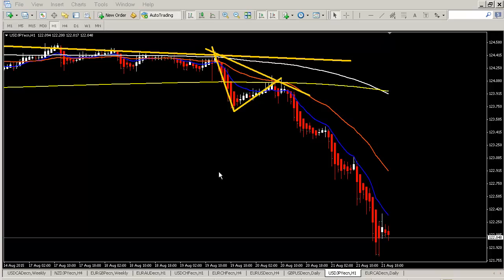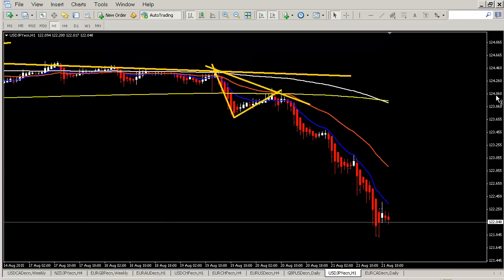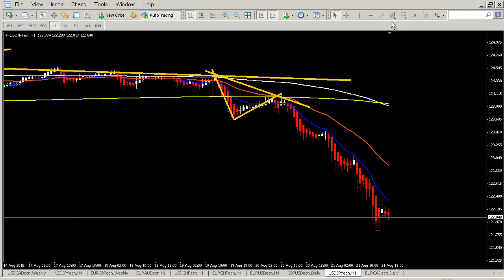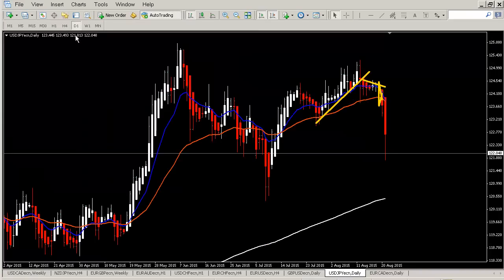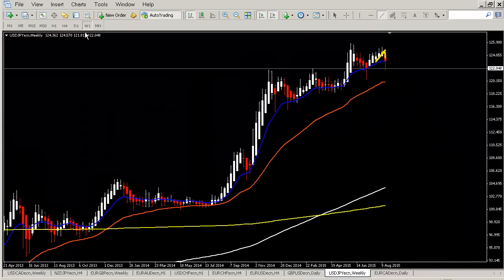For new setups, you can only kind of trade intraday and use the 12 EMA as your guide, as your trend line, right? Because for new really good powerful setups, you need at least a 4 hourly retracement, a good one. Ideally now, looking at that, start with the weekly, you have an uptrend, right?